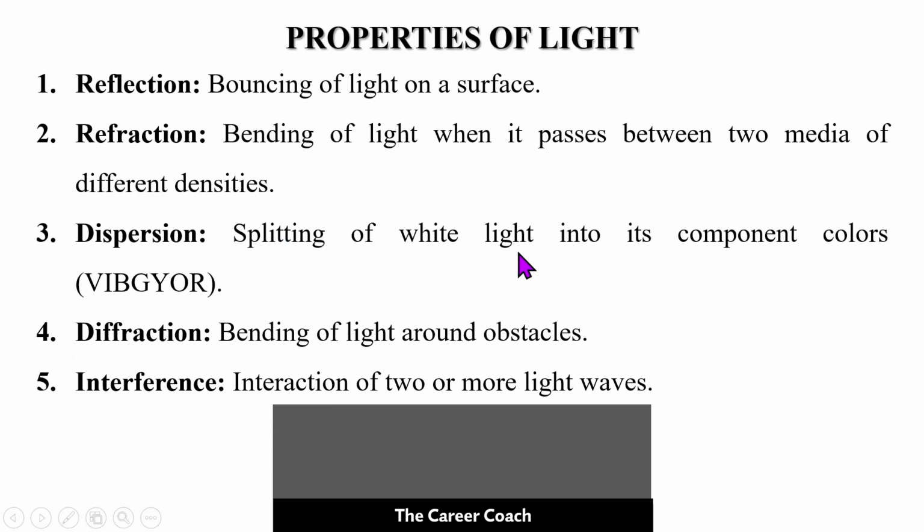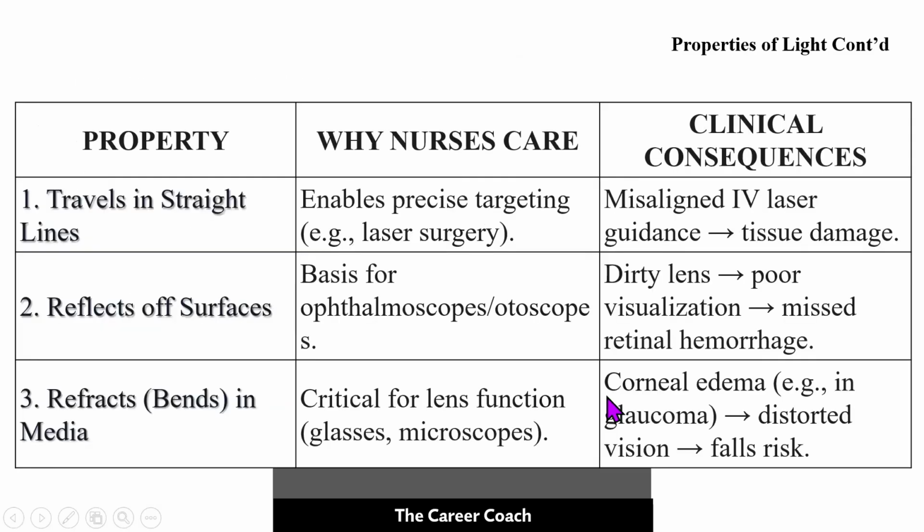Dispersion is the splitting of white light into component colors such as red, orange, yellow, green, blue, indigo, violet, which is ROYGBIV. Number 4, diffraction. Diffraction is the bending of light around obstacles. The fifth property of light is interference. Interference is the interaction of two or more light waves.